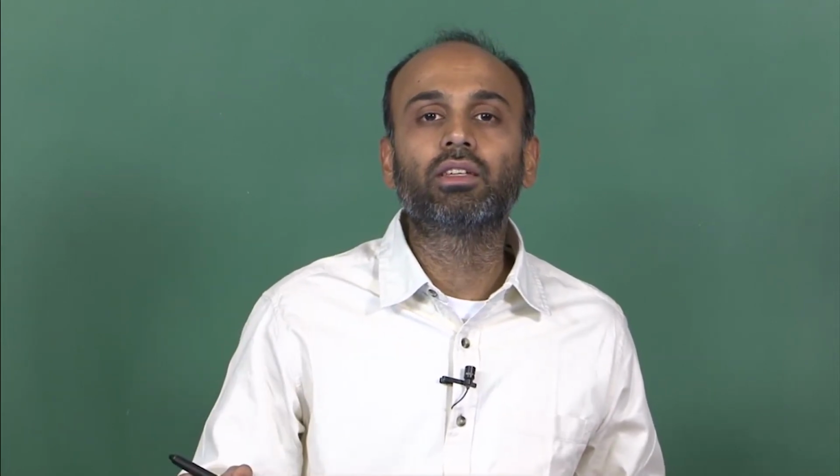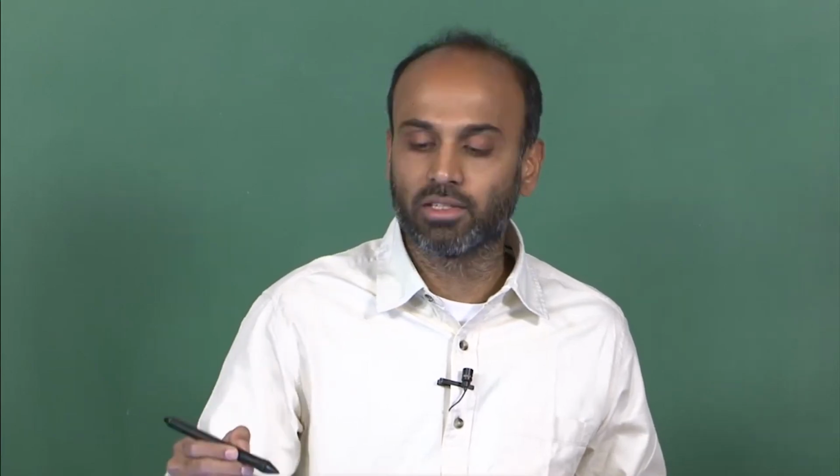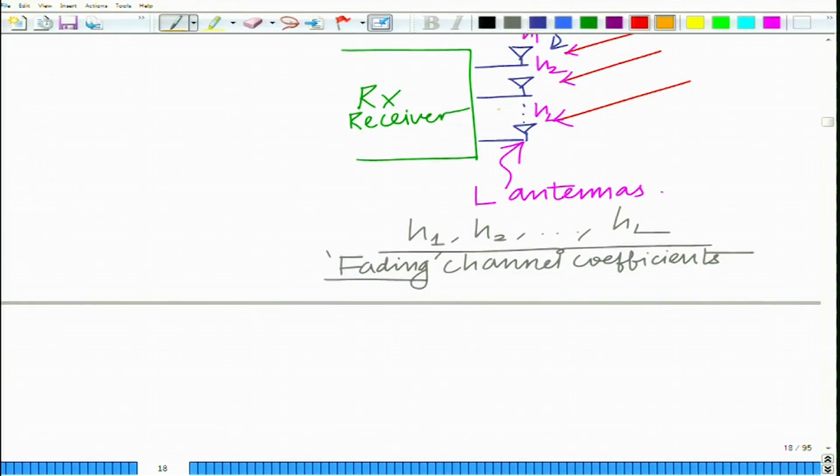This is also known as a single input multiple output or SIMO receiver, in the sense we have multiple antennas.